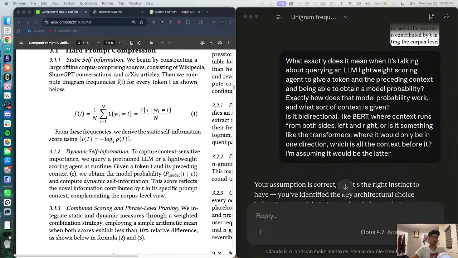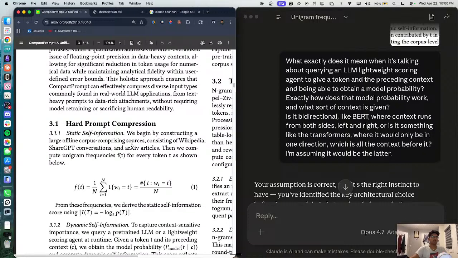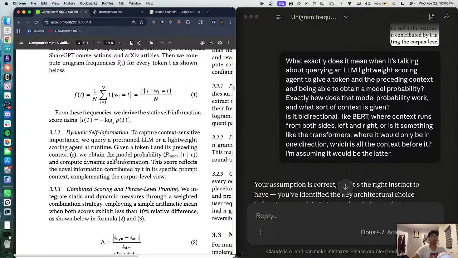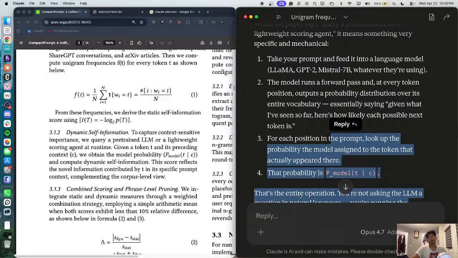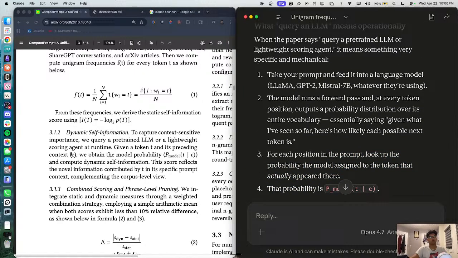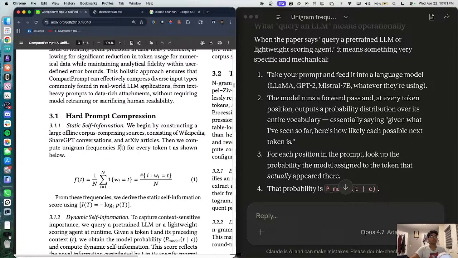Before I go, actually, I should just say what I learned, and that is just the static self-information. I wasn't into dynamic self-information because I thought it'd be easy, but now that I'm looking at the explanation, it's quite nuanced and in-depth, so I'm just going to leave that. But essentially, static self-information uses information theory.